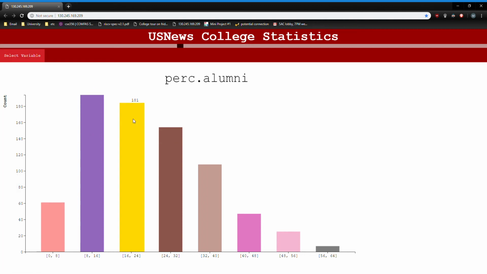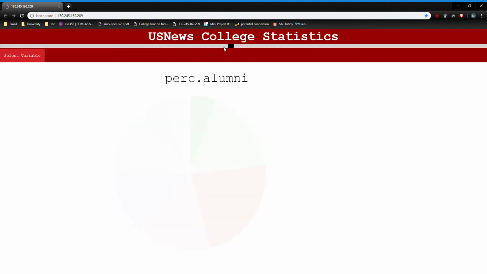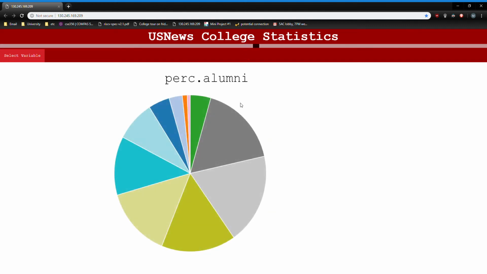Now, of course, you can click on this and transition into a pie chart. Rebinning works for all types of graph: pie chart, bar graph or histogram, and force-directed graph.